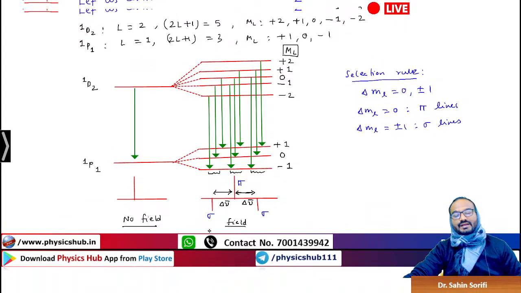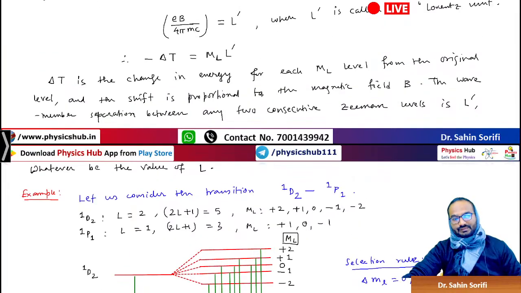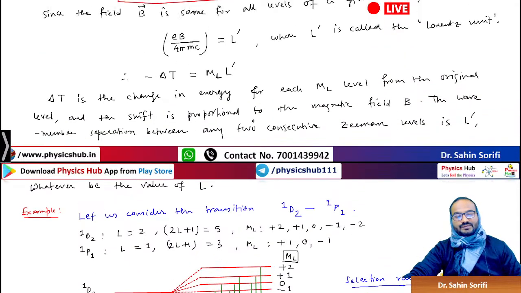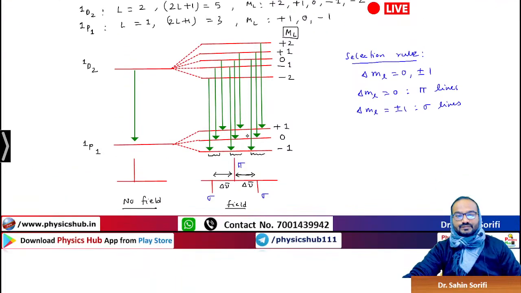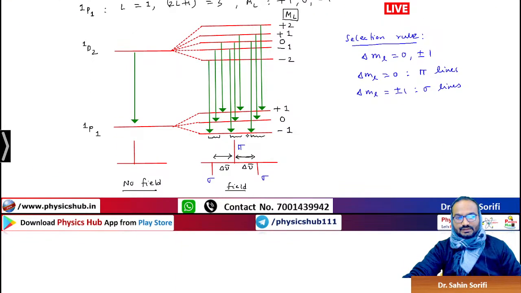We have already calculated the separation, that is L prime, the Lorentz unit, L prime equals eB by 4 pi mc. Now let me give you a very special value for this. If you put down the values of e, pi, m and c, it will take too much time. So I am just giving a short formula. With that formula you can directly put the values. You should remember the value, very simple value.